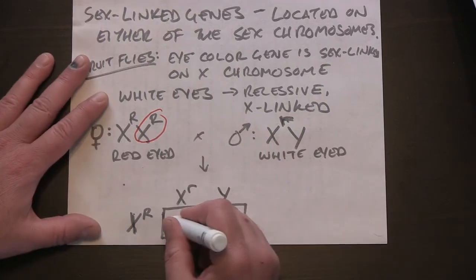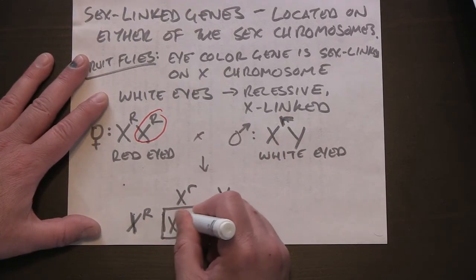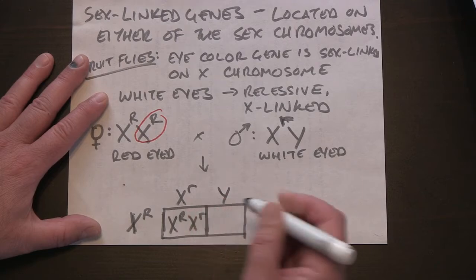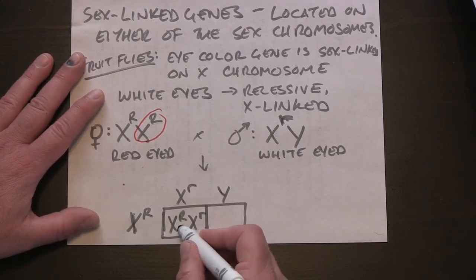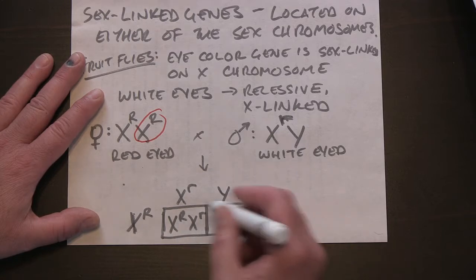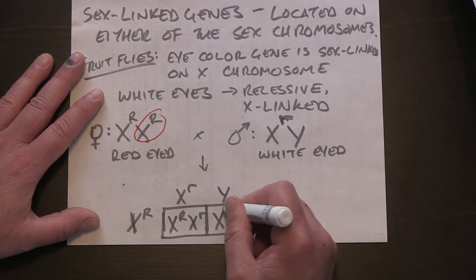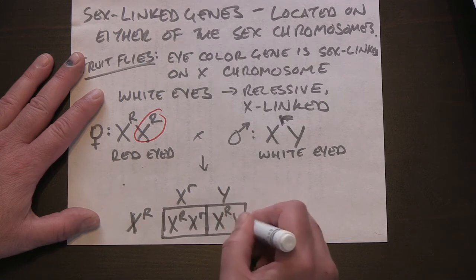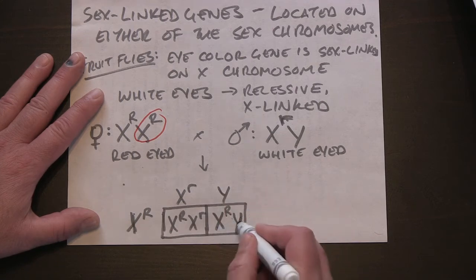So if we complete this out, X big R, X little r is going to be a red-eyed female, because it's XX, a female with a dominant allele for the eye color, so it's going to have red eyes. X big R, Y is XY, a male, so that's going to be a red-eyed male.